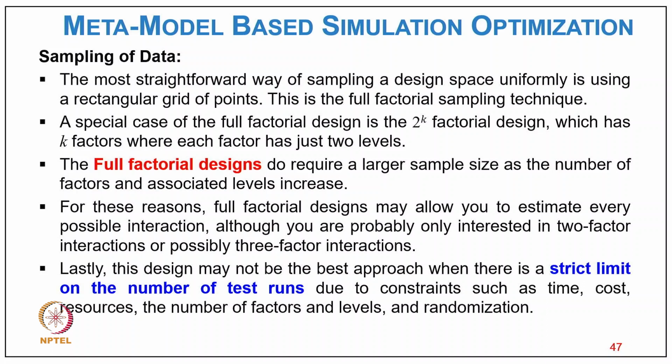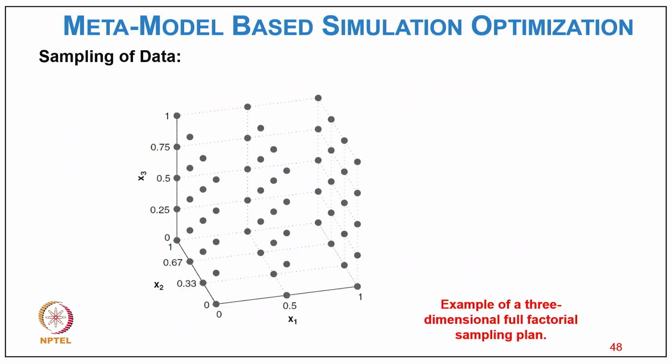For these reasons, full factorial design may allow you to estimate every possible interaction, although you are probably only interested in two-factor or possibly three-factor interactions. Lastly, this design may not be the best approach when there is a strict limit on the number of test runs due to constraints such as time, cost, resources, number of factors and levels, and randomization.